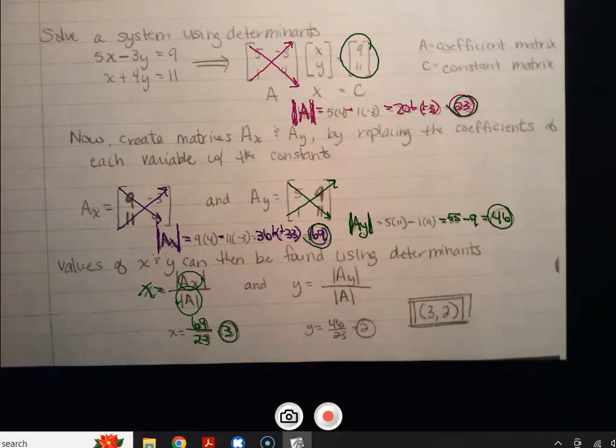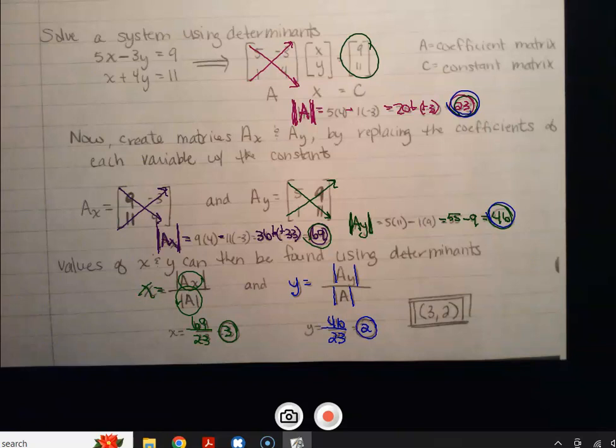For y, we want the determinant of A sub y, which is 46, divided by the determinant of A, which is 23. 46 divided by 23 is 2.